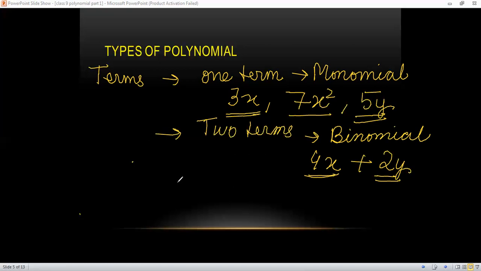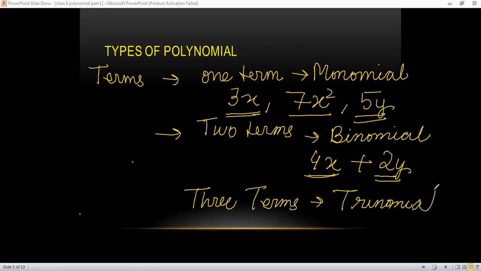Now, when a polynomial is having three terms, we call it as trinomial. X square plus 2x plus 7. This is a trinomial because it is having three terms.